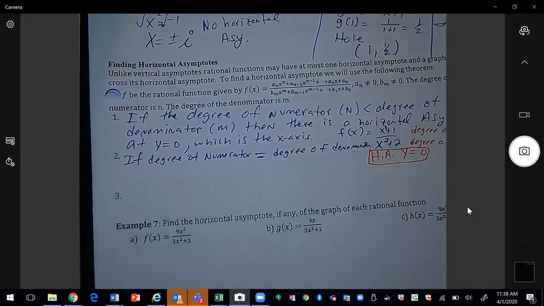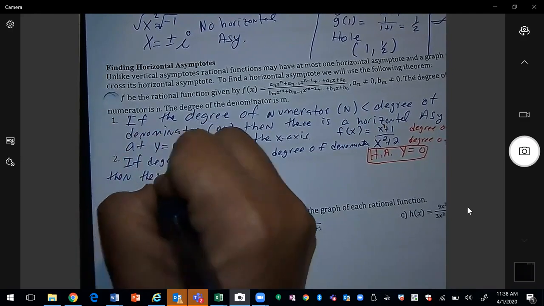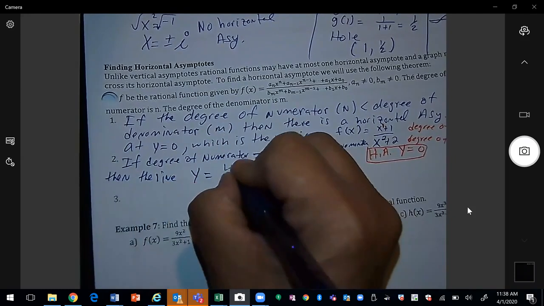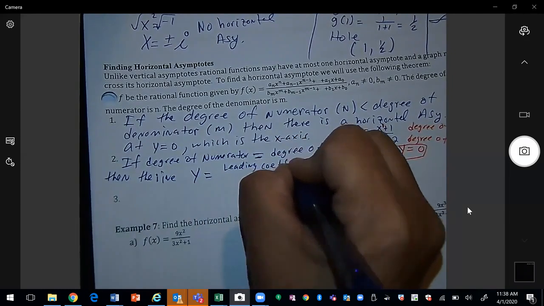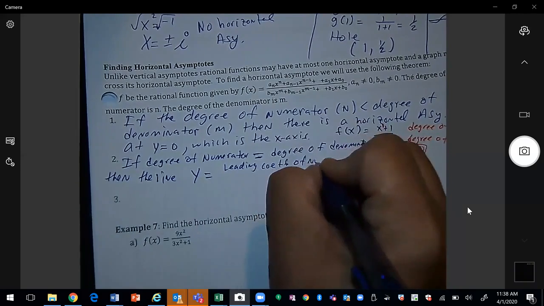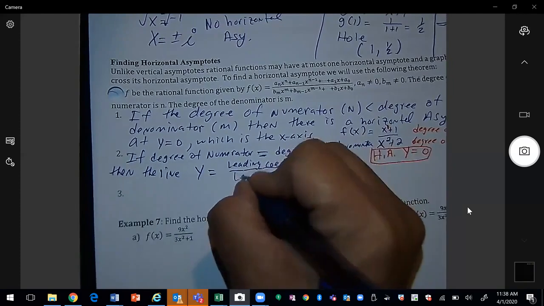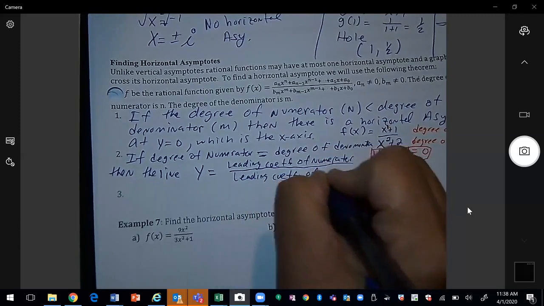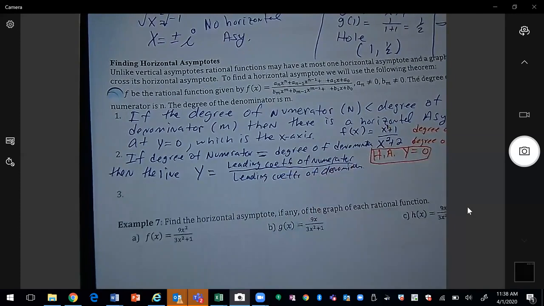Okay, if that happens, then the line y equals the leading coefficient of the numerator divided by the leading coefficient of the denominator. So let me tell you what I mean by that. That's going to be your horizontal asymptote.